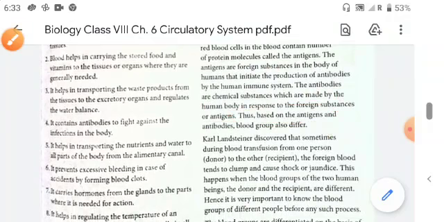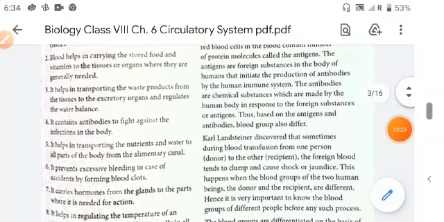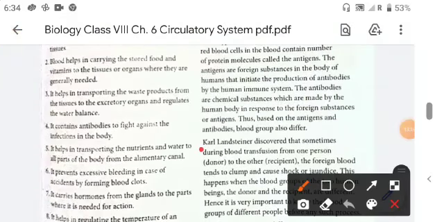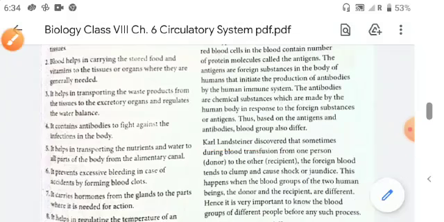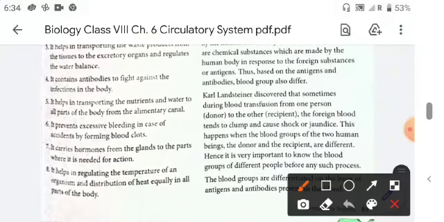Okay, next is Carl Landsteiner, the name of the scientist. He discovered that sometimes during blood transfusion from one person to another, the foreign blood tends to clump and cause shock. Why?